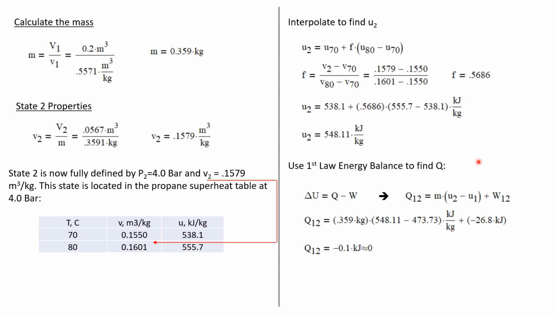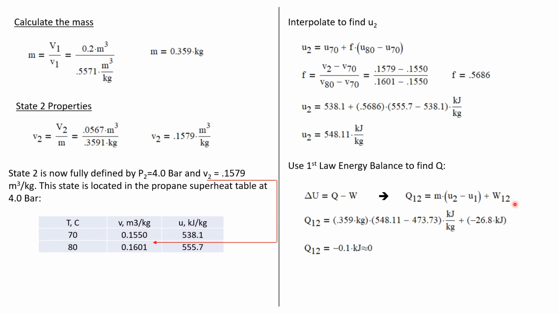Now we can use the first law, write an energy balance, to find the heat transfer during this process. We know that when kinetic and potential energy terms are eliminated, our energy balance reduces to delta U is Q minus W. Well, Q for this process 1-2 can be written as the change in internal energy, which is the mass times the change in internal energy, plus the work done during the process.